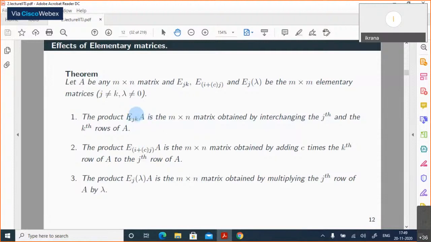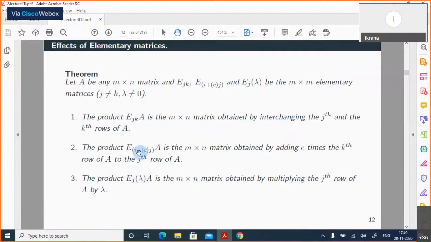So this product is the same as A, except that the jth row of A and the kth row of A are interchanged. So what we are saying is pre-multiplying by this elementary matrix does that row operation of interchanging the jth row of A with the kth row of A. And the same results are obtained by other elementary matrices.